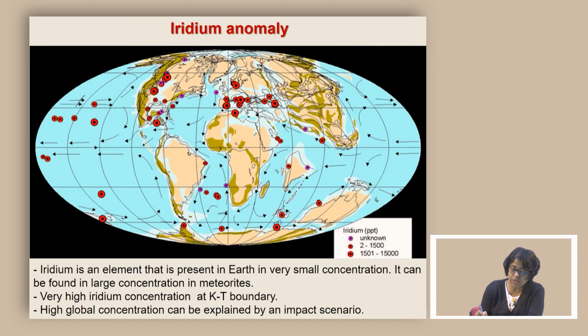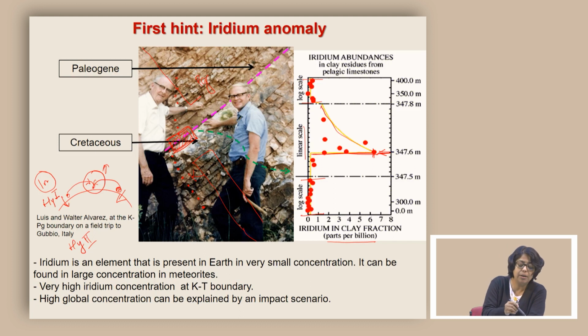The iridium concentration showed a very high level right at the KPG boundary all over the globe. So, we cannot explain the iridium concentration by hypothesis 1, and therefore, the remaining hypothesis is hypothesis 2, which means that extra iridium was added to the Earth's surface during this KPG boundary.